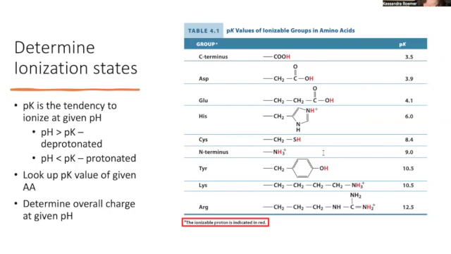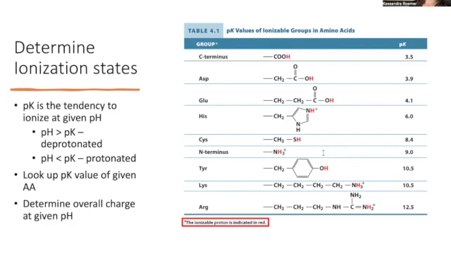Another important thing to know for your exam is how to determine ionization states of amino acids and proteins. So remember the pK value, the tendency to ionize at a given pH. Depending on what the pH value is in a solution, the amino acid will be deprotonated or protonated, and that depends on the pK value of the amino acid.